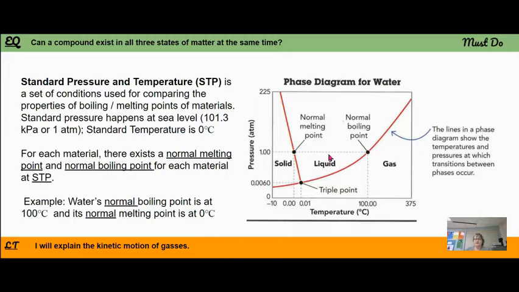If I keep following that line across at 1 atmosphere, I hit the next one, which is our boiling point. And if we follow that down to the temperature, it's 100 degrees. So our normal melting point and our normal boiling point would be 100 degrees for the boiling point and 0 degrees for the melting point, sorry.